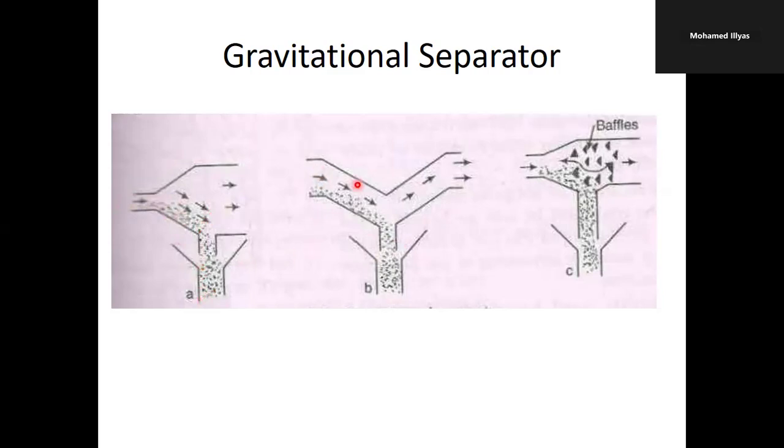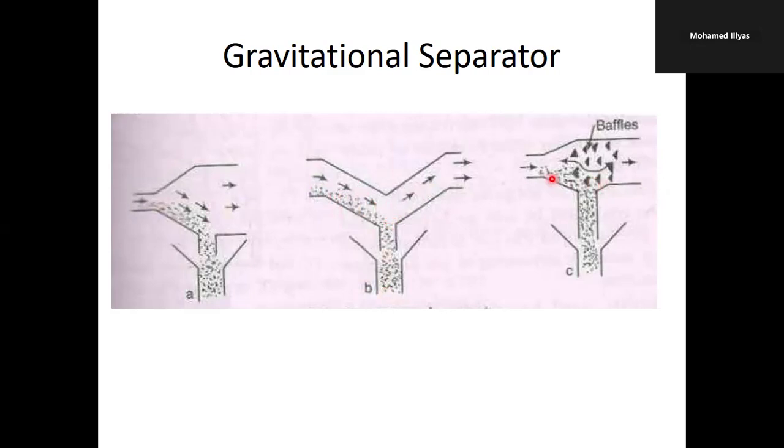This is another way, which you are seeing in diagram B. When the ash is supplied with the dust, we suddenly change the cross section and the flow direction here. So there will be a pressure drop so that the ash with the dust will be collected here.